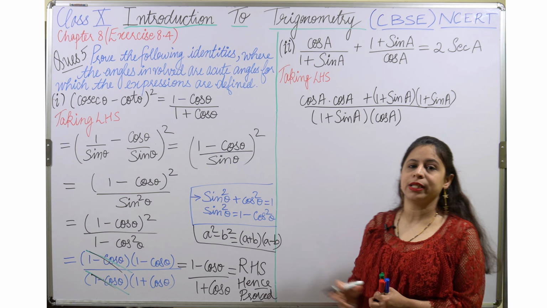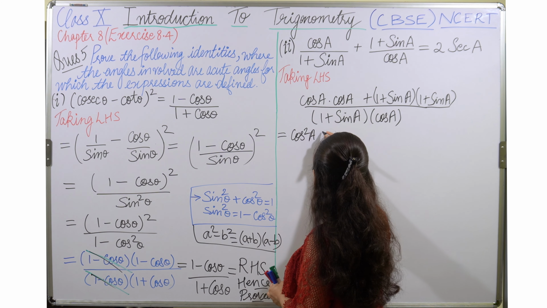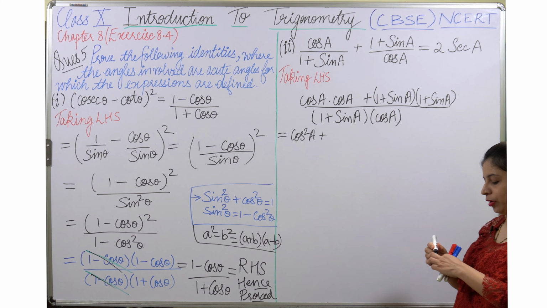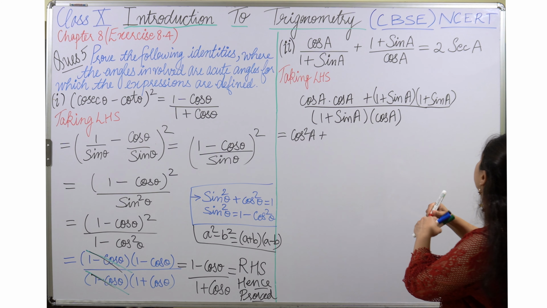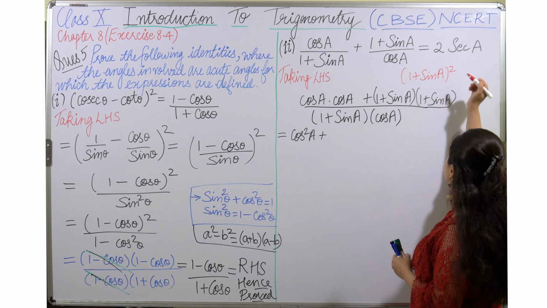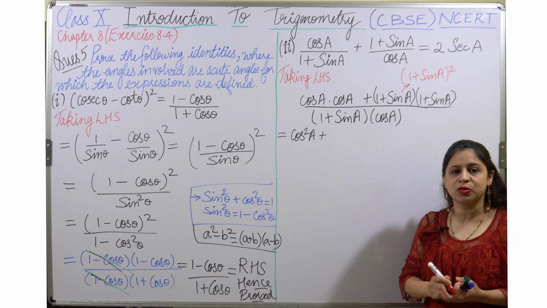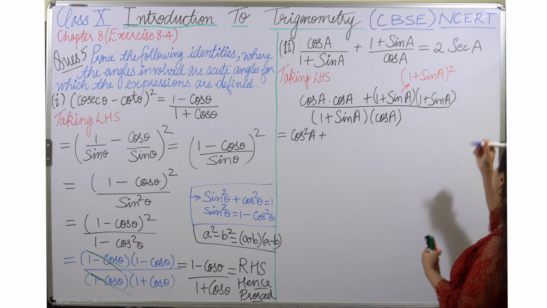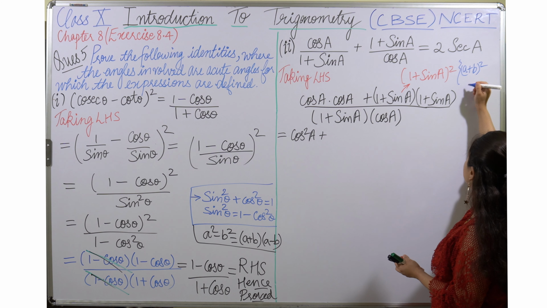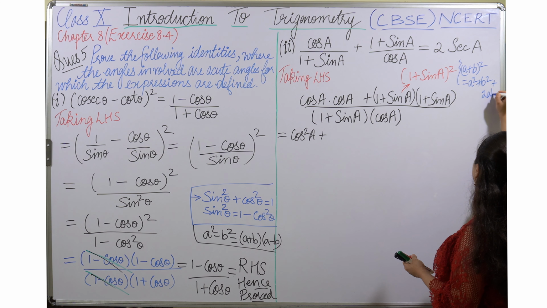So cos A into cos A will be cos square A, and here it will form the formula for 1 plus sin A whole square. So we will be opening this formula. It will be A plus B whole square, which is given by A square plus B square plus 2AB.